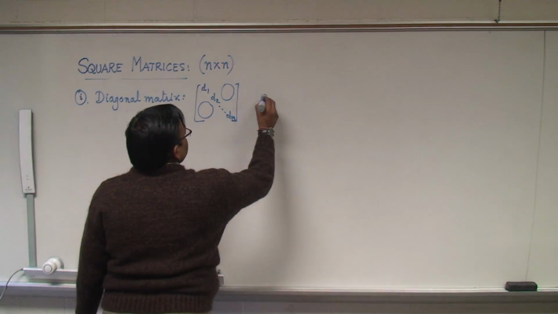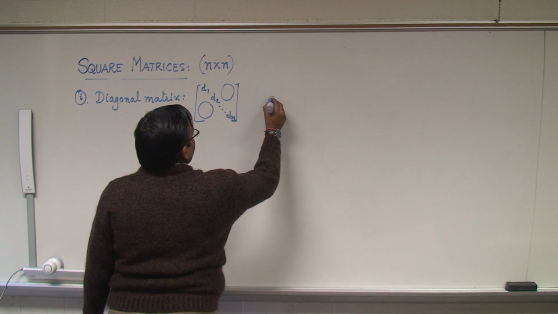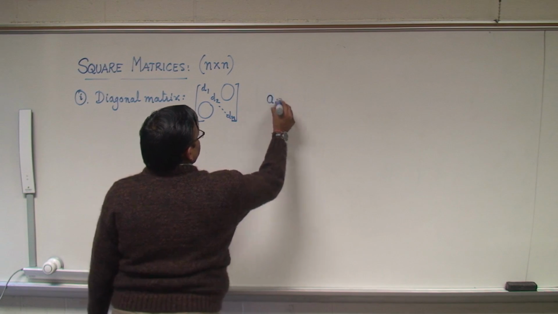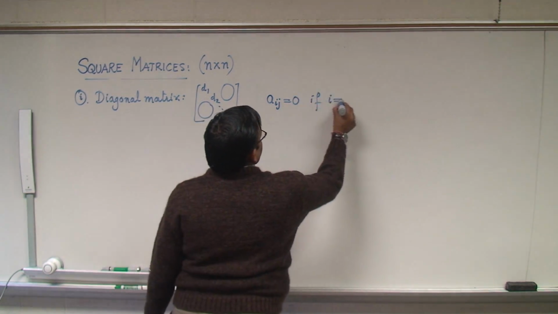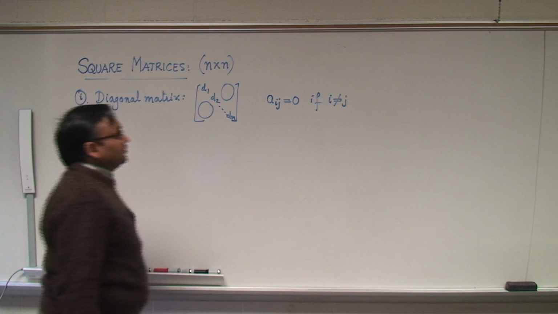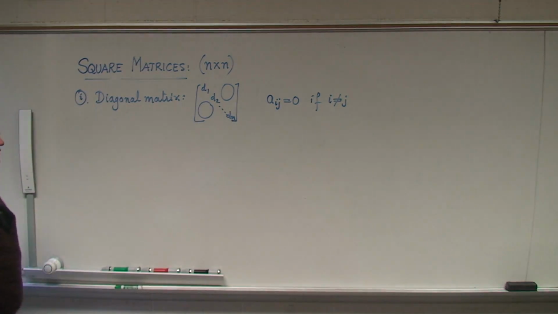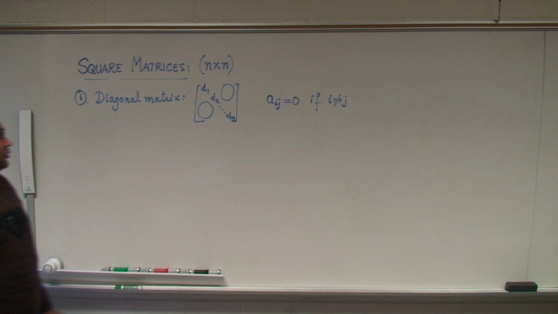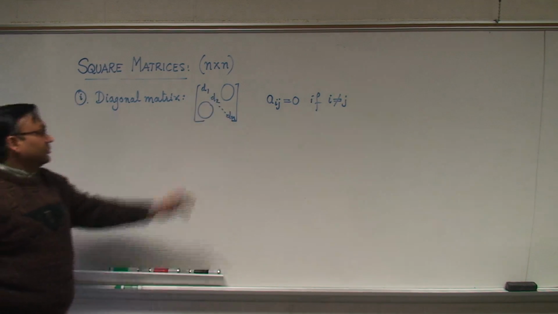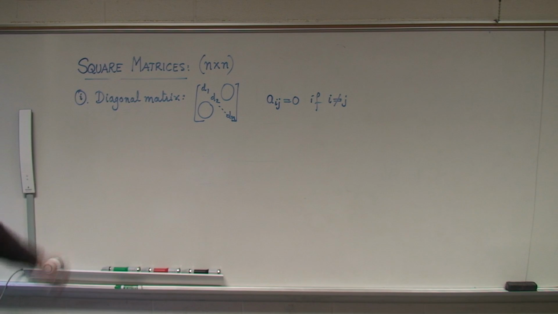So what we are saying is all the entries Aij are zero if i is not equal to j. Notice we are not saying anything about the entries when i is equal to j. That means those entries could be zero, they could be non-zero. But all we care about is that things above the diagonal and things below the diagonal should be zero. Any such matrix we will call a diagonal matrix.